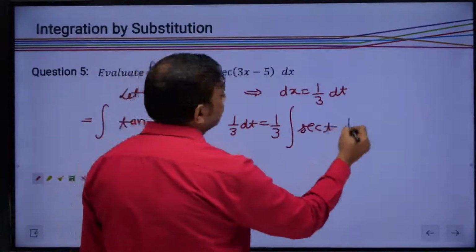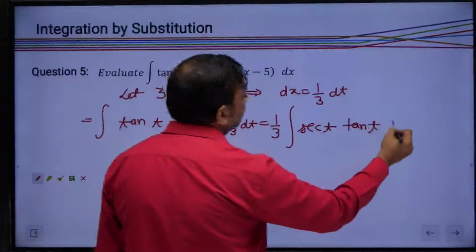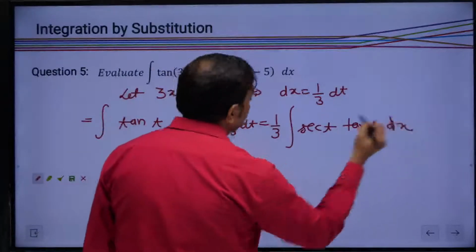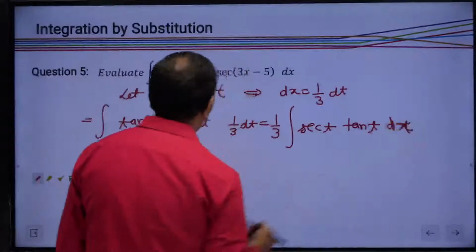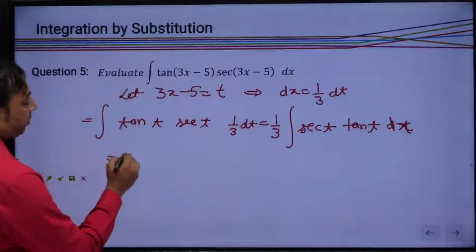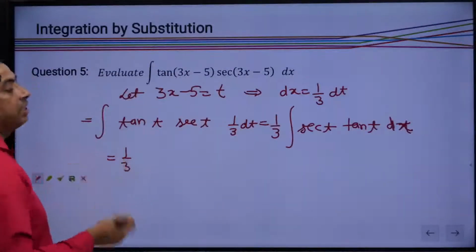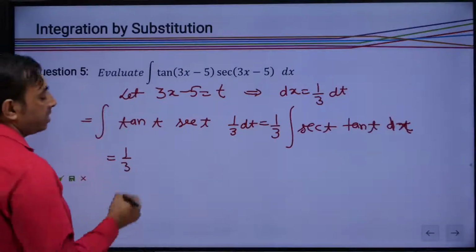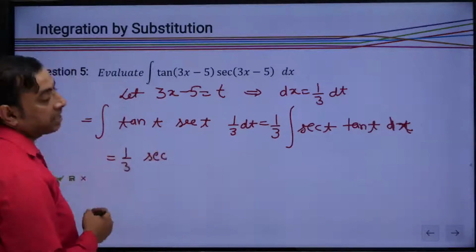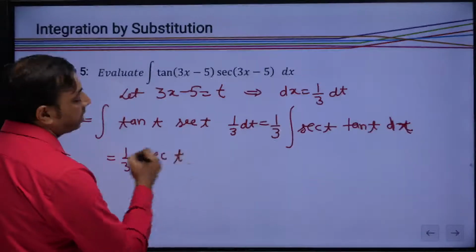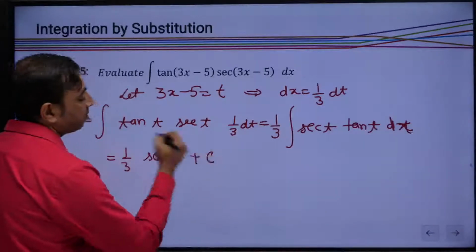This 1 upon 3 is out, the integration of sec t into tan t with respect to t, and now we need to integrate it, 1 upon 3, and the integration of sec into tan is sec. So integration of sec t into tan t is sec t, plus the integration constant.